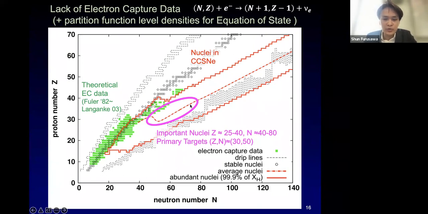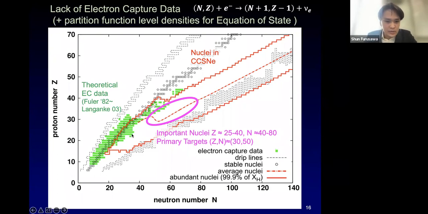And the important nuclei are these, because they appear just before neutrino sphere formation. Of course, the details depend on the model of nuclear excitation, but in any model, nuclei around zinc 80 show up. And maybe these nuclei are very important during the core collapse phase.